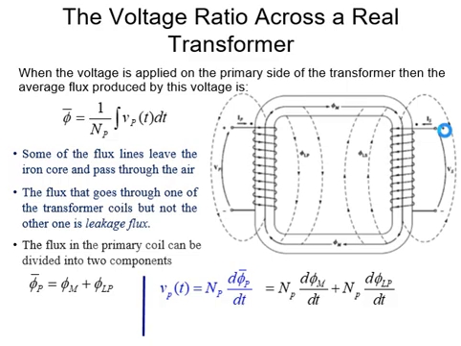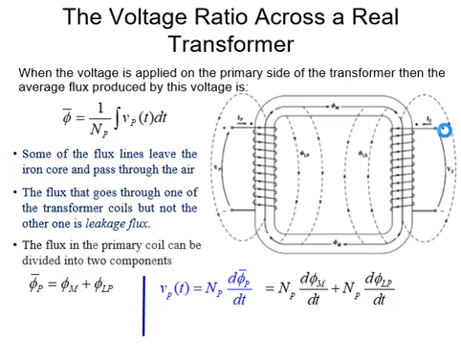If we take the basic equation of the given AC voltage from the previous slides and put the value of the average flux in this blue equation, we get the equation on the right hand side, written in black color, which shows that it has been divided into two parts.